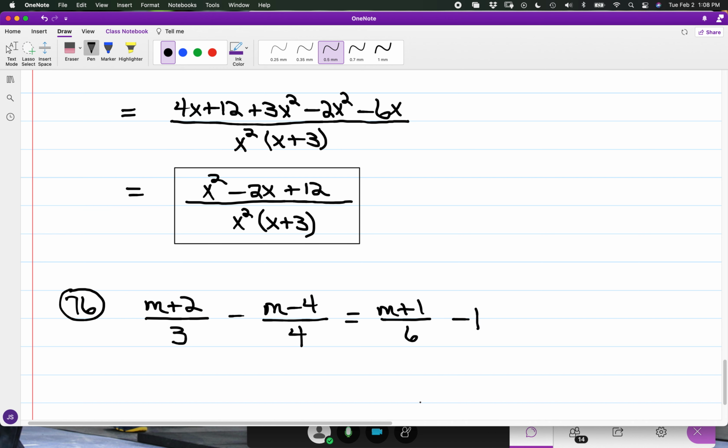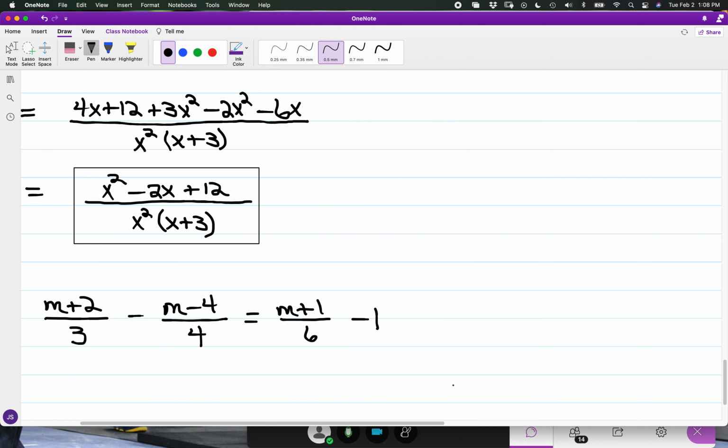Okay, and just now for the least common denominator, I'll just kind of draw this out. Okay, so 3 is a prime number. 4 goes to 2 times 2. 6 goes to 2 times 3. So your prime factors are 2 and 3.